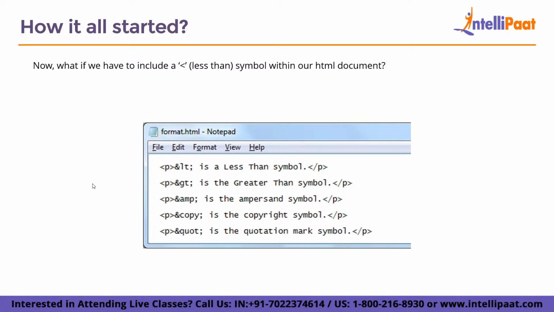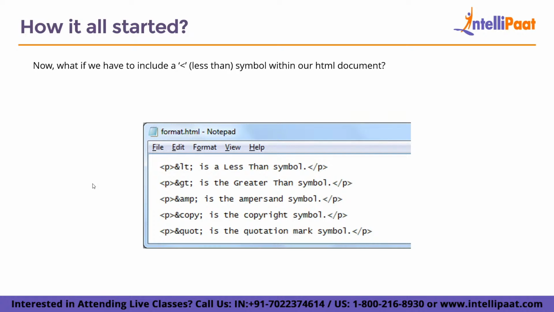When your web browser parses the HTML document, it might cause an error if you just add an angle bracket. So a new concept, also known as escaping, was introduced. Let's say you want to include an angle bracket inside a paragraph. Instead of just typing out the less-than symbol, you will have to type the following sequence, which is ampersand LT followed by a semicolon. LT here stands for less than.